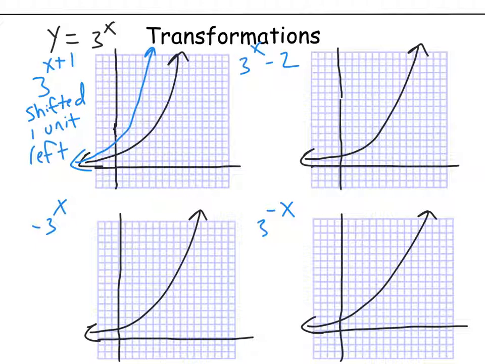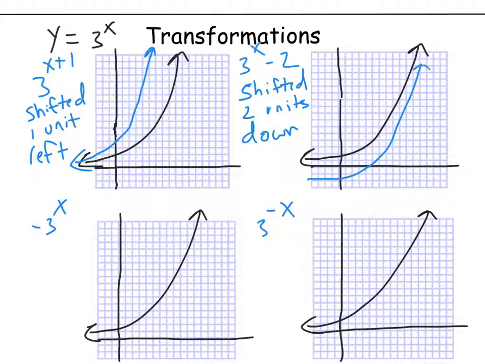Whereas here, if it's at the end, this is now vertical, and it's shifted 2 units down. And it would look something like that.